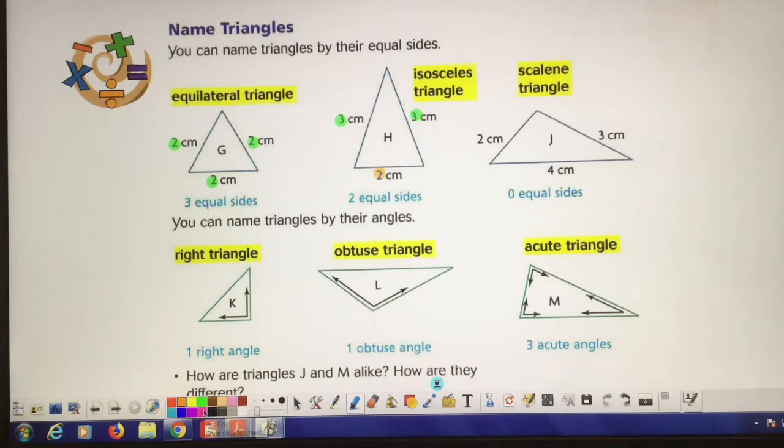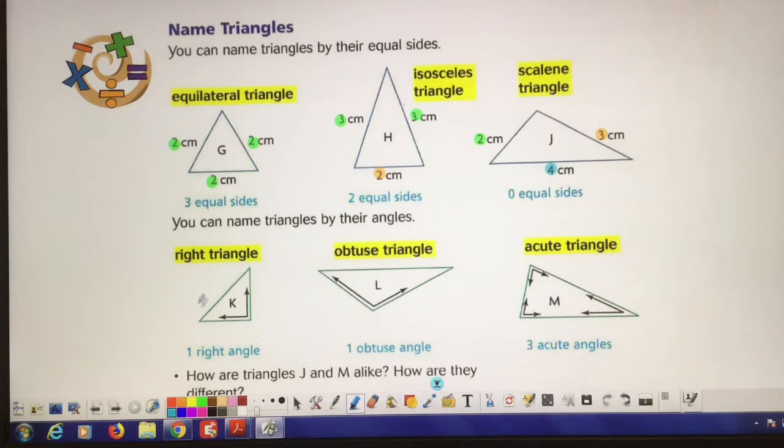Now a scalene means that you have 0 equal sides. I have a 2 centimeter, I have a 3 centimeter, and then I have a 4 centimeter. So those 3 can describe a triangle based on its side: equilateral, isosceles, or scalene. But you can also describe a triangle by using its angles.